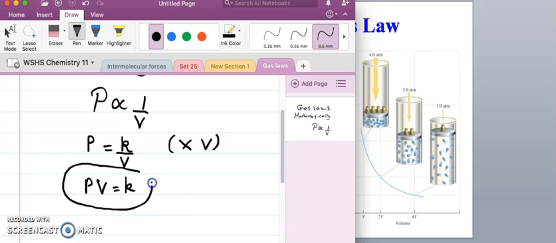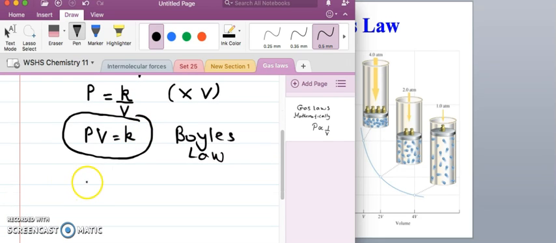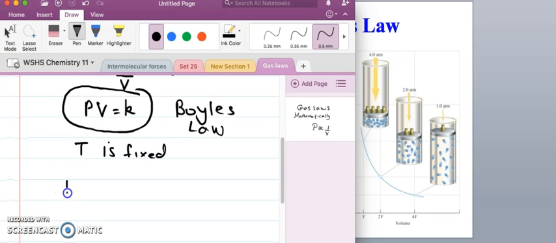This is called Boyle's law, which basically means that if you have a system at a certain temperature, and temperature has to be fixed, let's say you had this piston, and you were exerting a certain pressure on it by adding weights, like you saw in the figure.